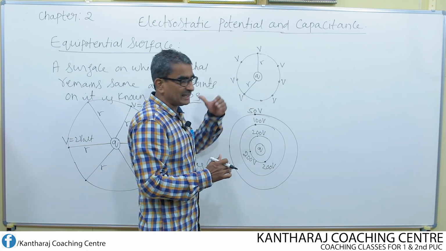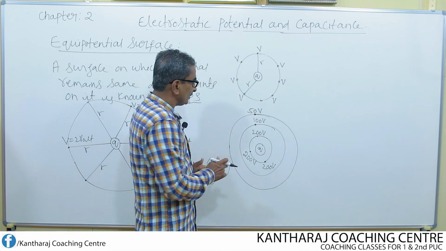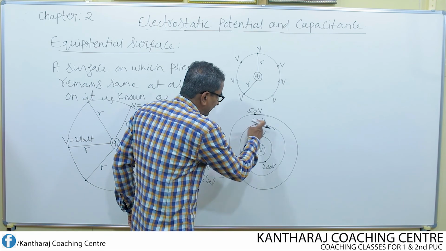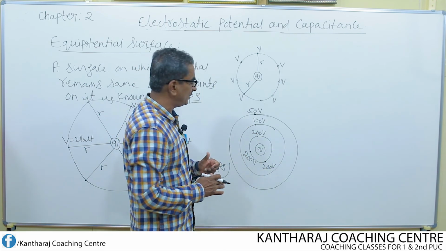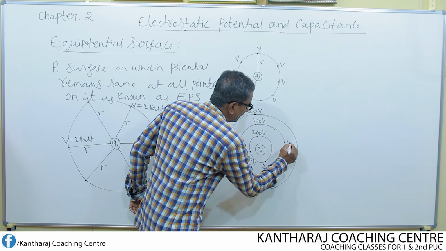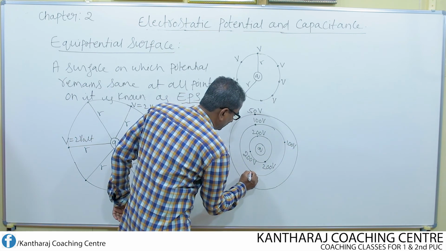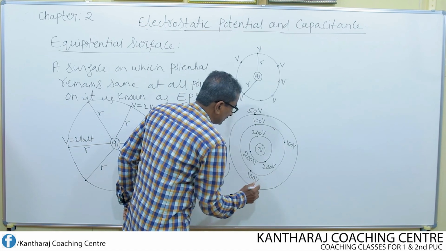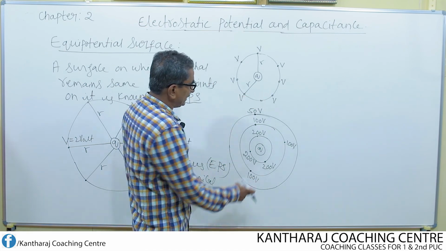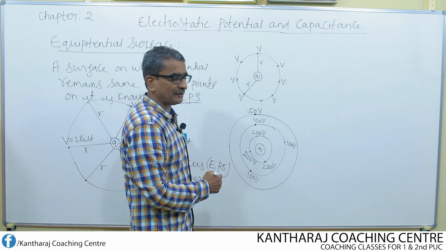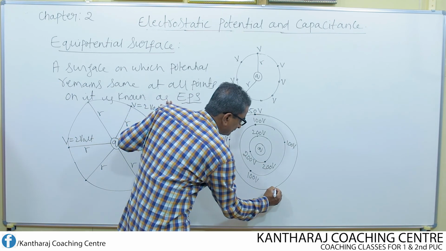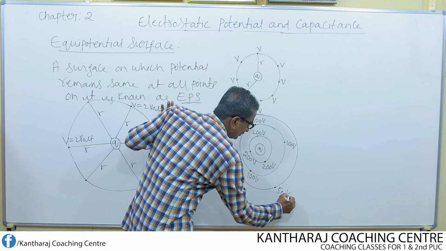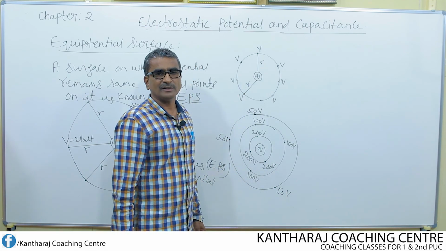Whereas, if you consider the next equipotential surface, at any point on the second equipotential surface, once again the magnitude of potential remains the same. How much is it? 100 volt, 100 volt, 100 volt like this. Again, at any point on the third equipotential surface, the magnitude of potential remains the same, 50 volt, 50 volt, 50 volt at any point.